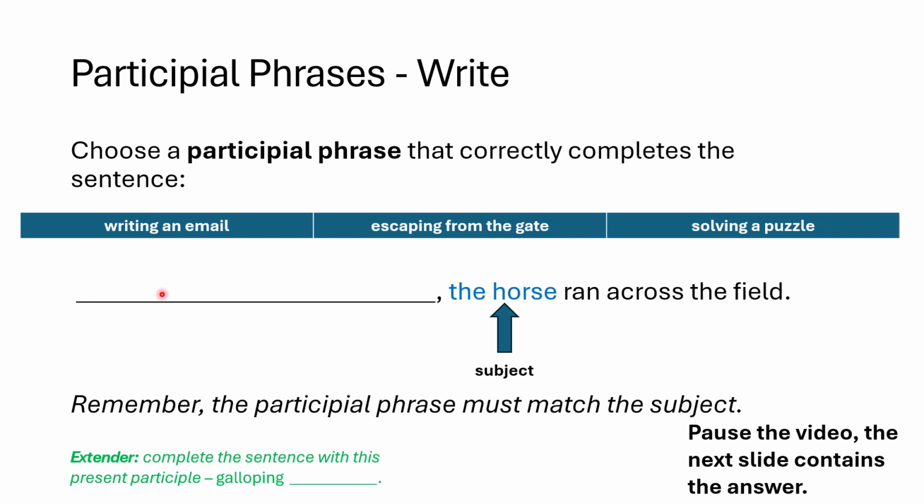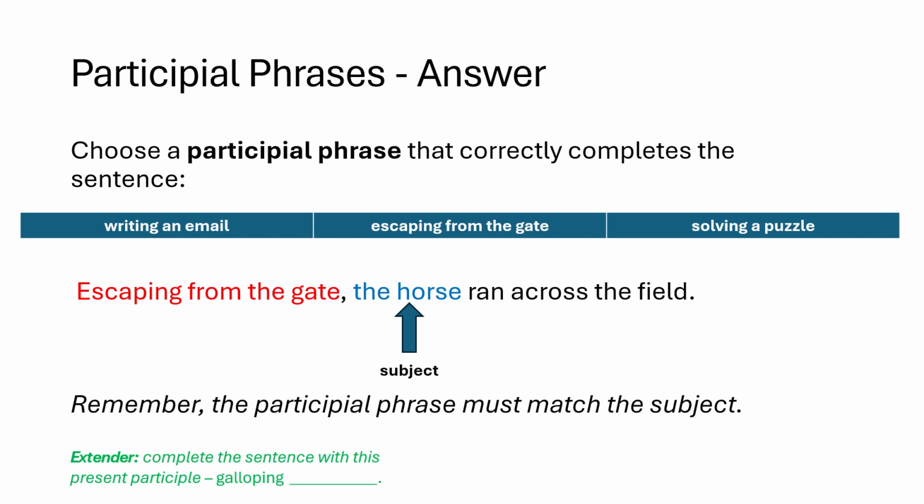Remember, the participial phrase must match the subject. Here is the extender. Complete the sentence with this present participle. Galloping. Pause the video. The next slide contains the answer. Check your answer. Escaping from the gate, the horse ran across the field.